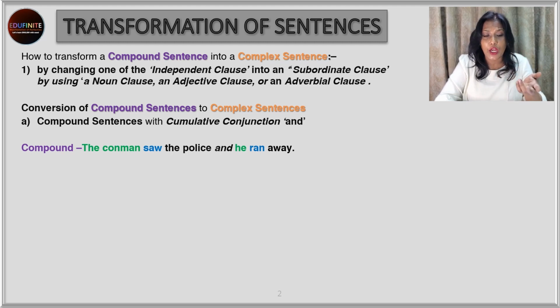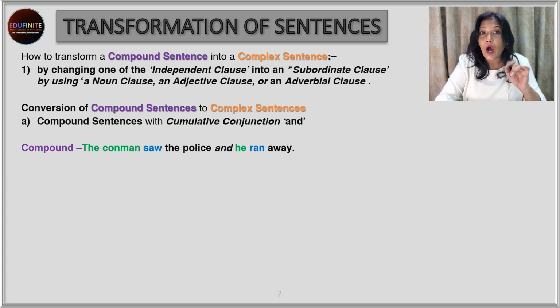Now how do we change this compound sentence into a complex sentence? Well, we have to just change one of its independent clauses into a subordinate clause. That means we'll have to attach a subordinating conjunction and see that its meaning is not expressed by itself. That is the criteria of a subordinate clause.